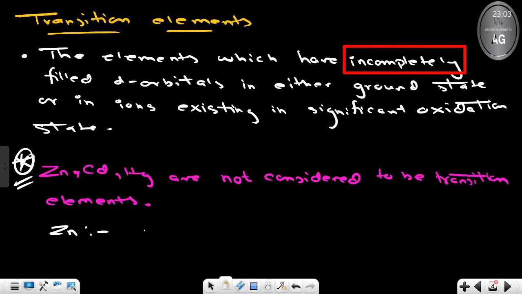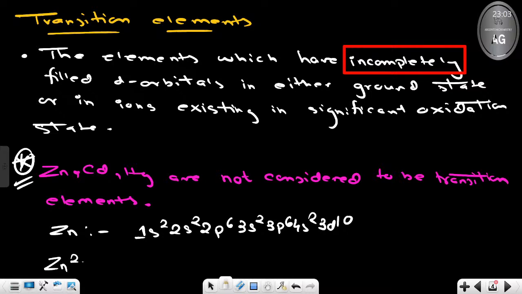Zinc is 1s2, 2s2, 2p6, 3s2, 3p6, 4s2, 3d10. And Zn2+ is 1s2, 2s2, 2p6, 3s2, 3p6, 3d10. You can see that in both cases there are no unpaired electrons in the d orbital.